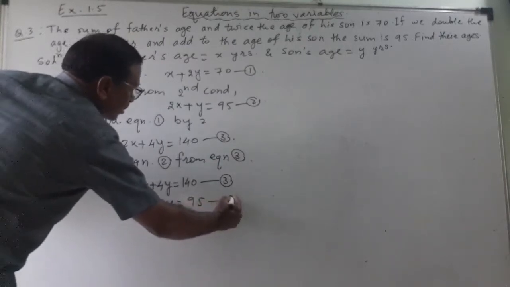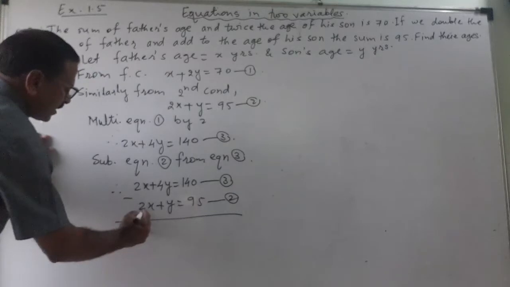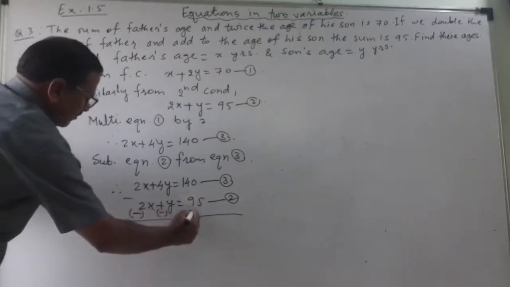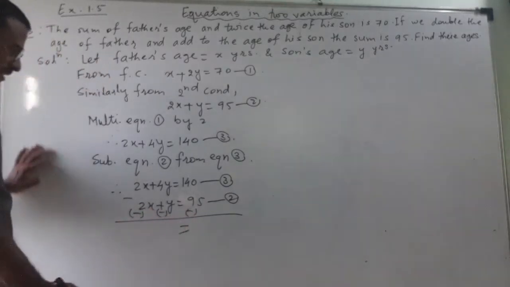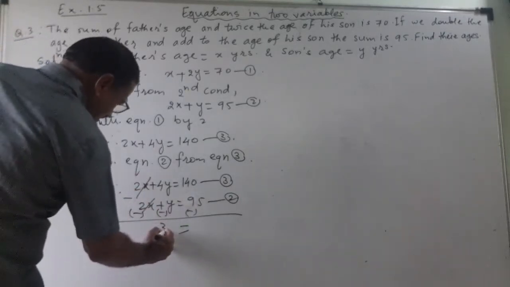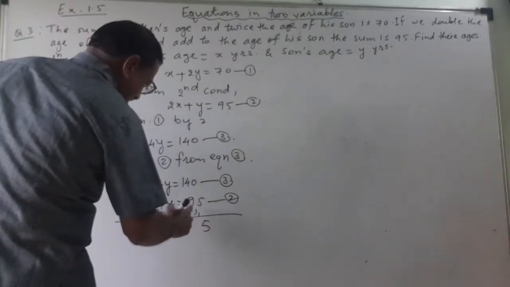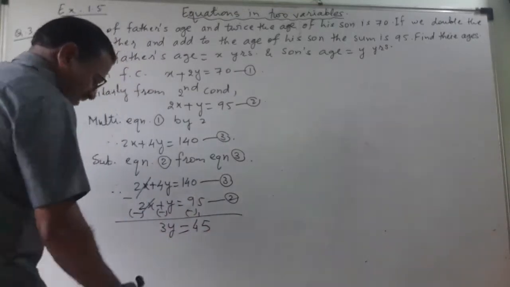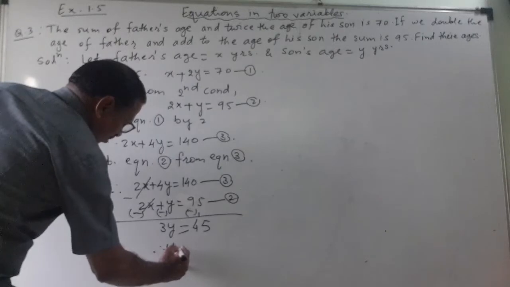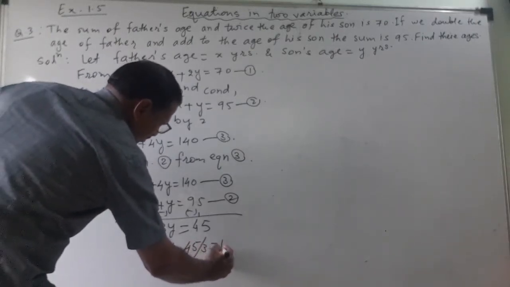This is number 2. So make the change in the signs. So this will get cancelled, this will get cancelled, and this is 3y. 10 minus 5 is 5. Carry 1. 10. 45. Therefore, y is equal to 45 upon 3, that is equal to 15.